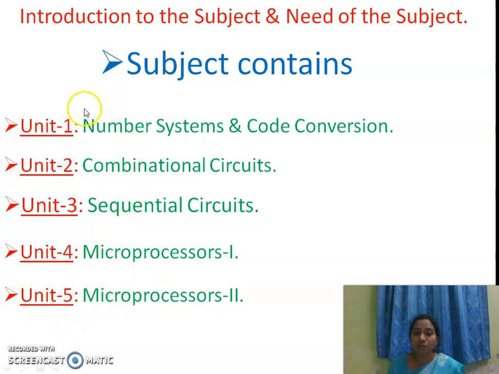These are all 5 units of DE and MP. The first 3 units belong to digital electronics and the remaining 2 units belong to microprocessor.